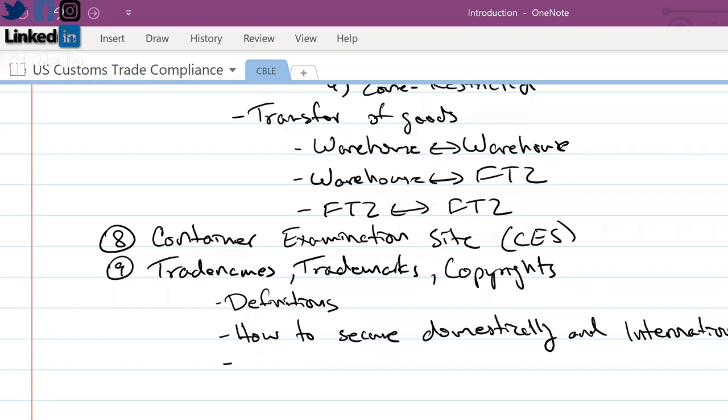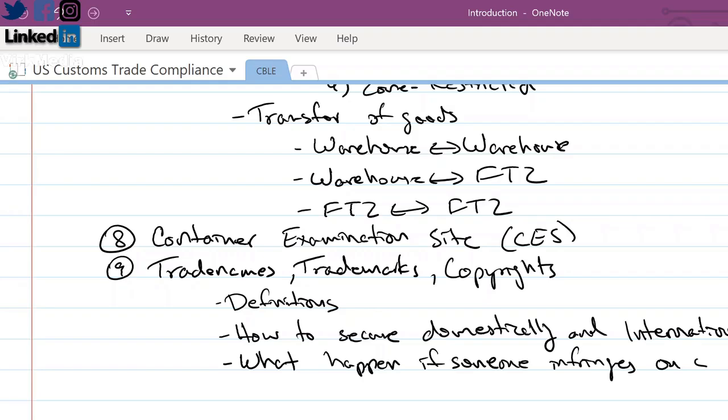We'll discuss what happens if someone infringes on your right. And what a gray market item is.